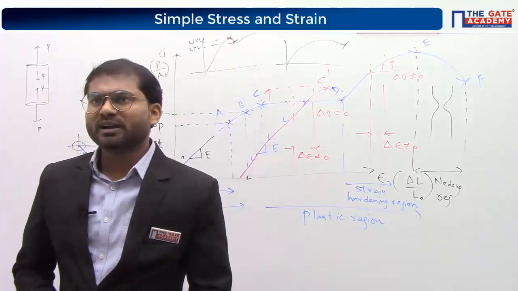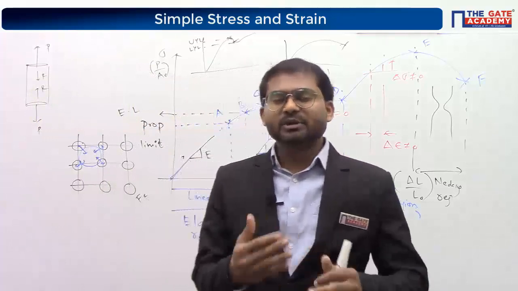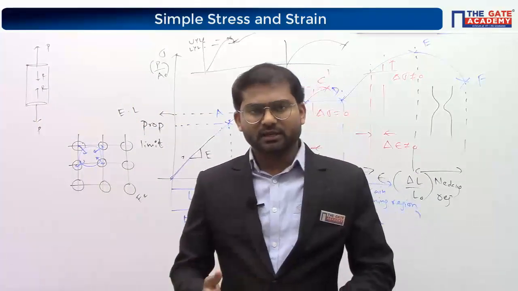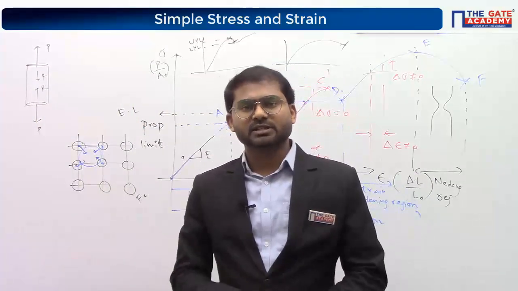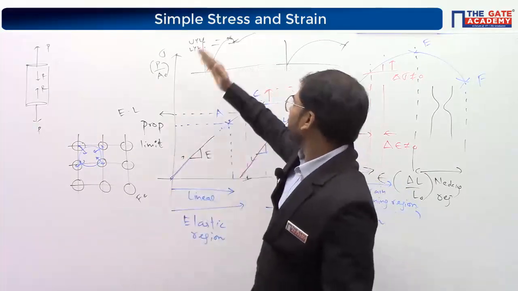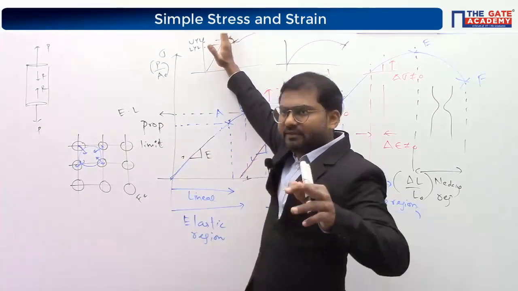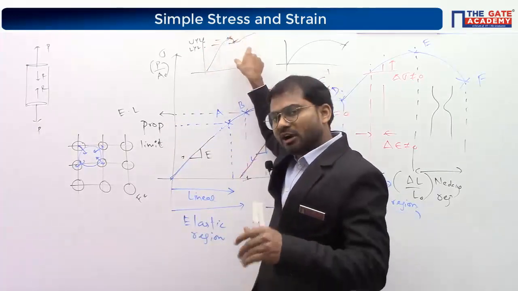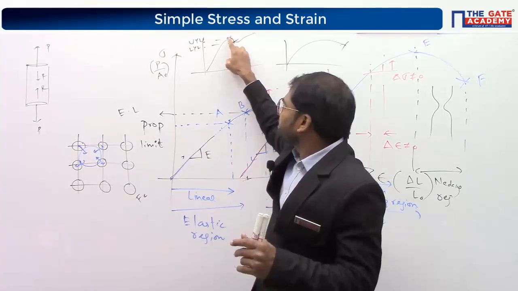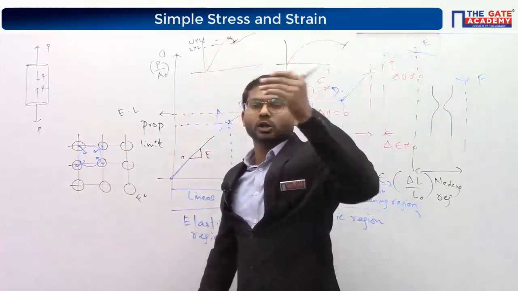Sir, which yield point is effective? Challa Sanjay, as I said already, later we're going to discuss that in ductile materials we take the yield point as the strength of the material. First of all, you should not reach any yield point. You have the upper yield point first and the lower yield point later. So you will make sure not to reach the upper yield point at all. After reaching the upper yield point, you get the lower yield point, right?